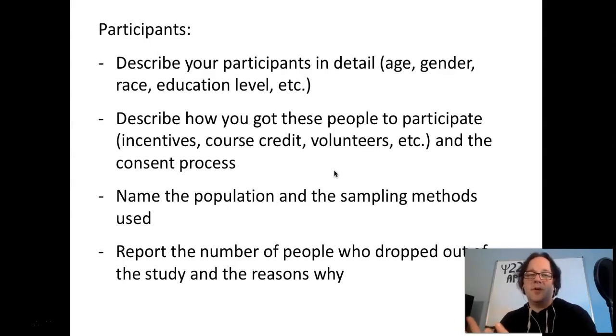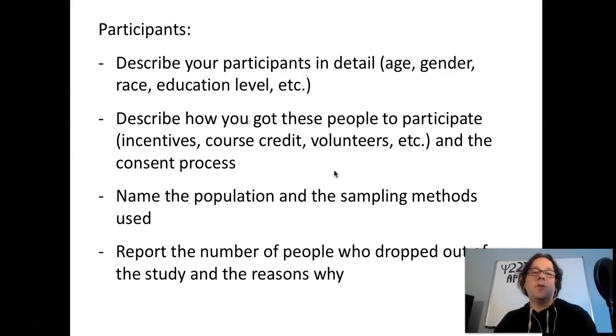And this is usually where we put in also that our study was approved by our institutional review board. That's a term that will come up in our next chapter, but essentially it's the ethics board that oversees how we treat human participants in research.